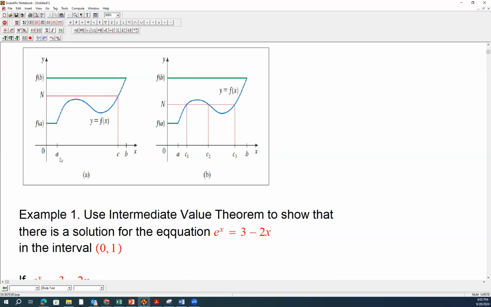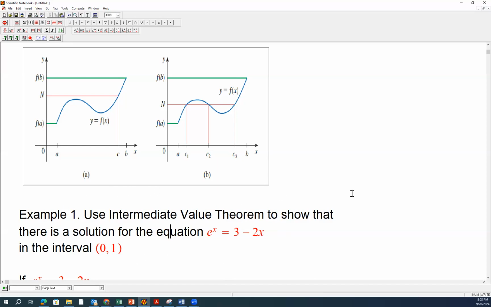You can also see that a, c, b are on the x-axis, they're inputs. F of a, capital N, f of b are outputs. Sometimes we may have more than one c, but the theorem only guarantees there's one. Of course, if there's one, we can say there's at least one.